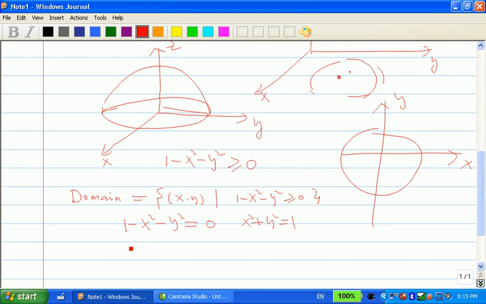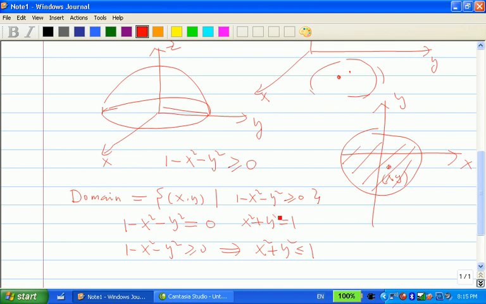And you want 1 minus x squared minus y squared greater than or equal to 0, which is equivalent to saying x squared plus y squared less than or equal to 1. So as long as you pick a point (x, y) in this shaded region, it will satisfy x squared plus y squared less than or equal to 1.